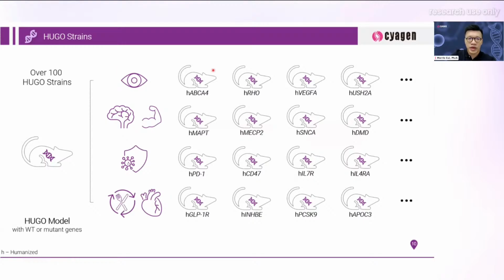Like in ophthalmology, we have humanized ABCA4, humanized rhodopsin, humanized VEGF-A, etc. As for the neural part, we have humanized tau, humanized MECP2, humanized SNCA, and humanized DMD, etc. In the immune system part, we also have the humanized PD-1, humanized CD47, etc. And in metabolism and cardiology, we have humanized GLP-1 receptor and humanized PCSK9, etc. As for today, we focus on the neurology part. More specifically, we focus on the humanized MAPT.